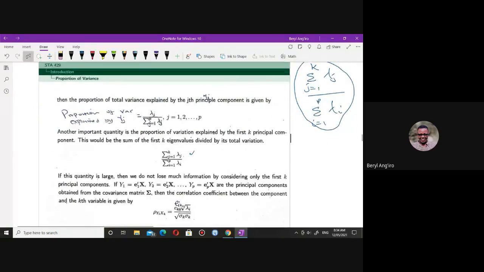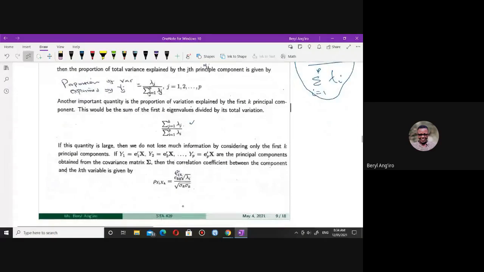That is the sum of the first k eigenvalues. If, for instance, we take the first two principal components, then it's the sum of the first two eigenvalues divided by the total eigenvalues. And if this quantity is large, then we do not lose much information by considering only the first k principal components.